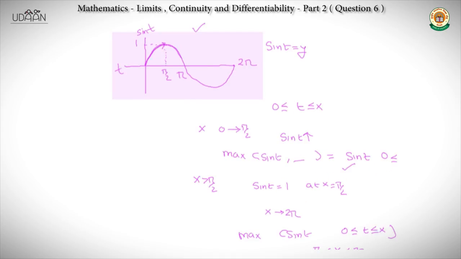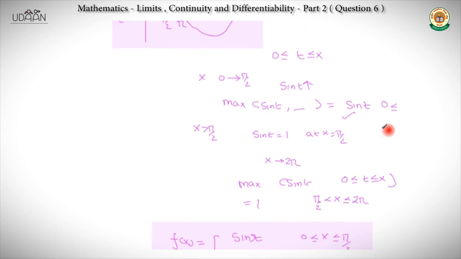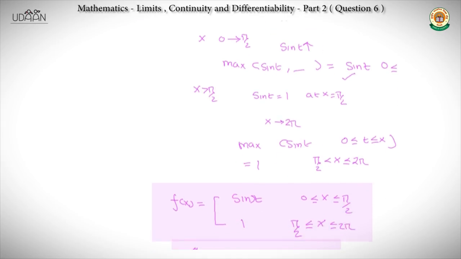Yes. Okay, so when x lies from 0 to pi by 2, the max of sin t will be equal to sin t. Now at x equal to pi by 2, sin t attains its maximum, which is equal to 1, and beyond pi by 2 till 2 pi, it will always be less than 1. Yes, of course. So when we go from pi by 2 to 2 pi, the max of sin t, when t lies from 0 to x, will always be equal to 1.